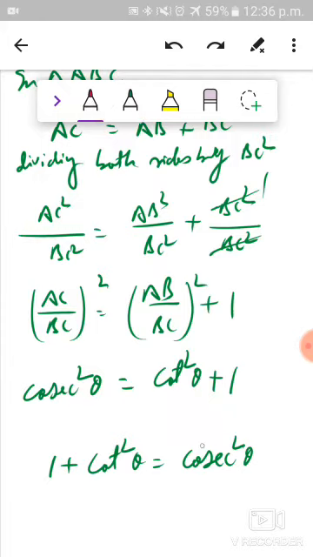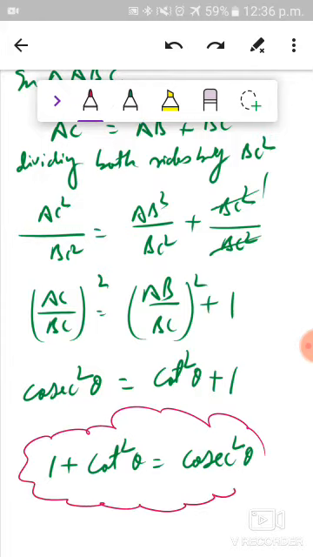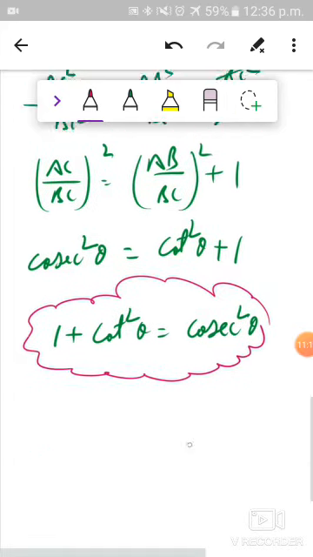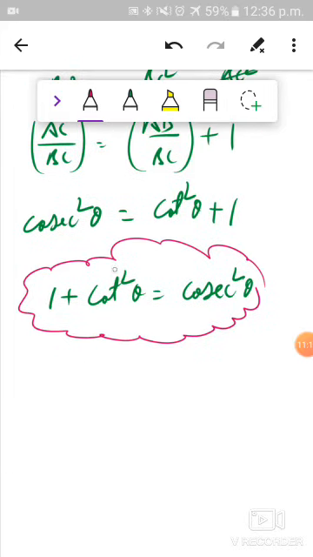Right now, 1 plus cot square theta is equal to cosec square theta. From this one we can write cosec square theta minus cot square theta is equal to 1.